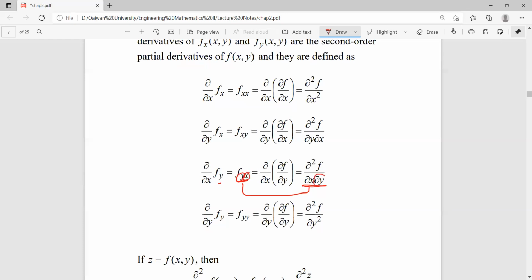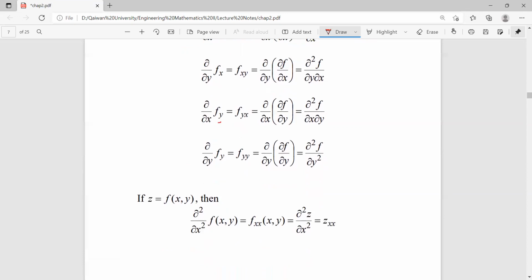And here, y is the first, we take the first y, and x is the second. In these two forms, we usually use them in taking partial derivatives. Therefore, f sub yy is partial squared f by partial y squared.